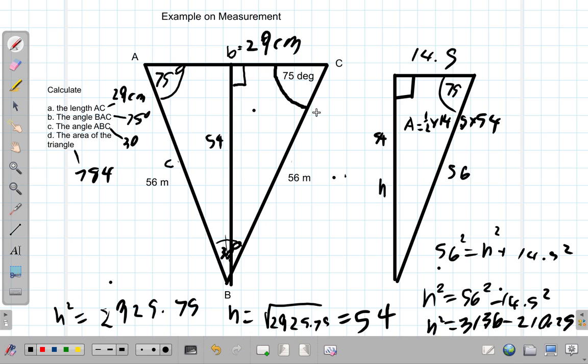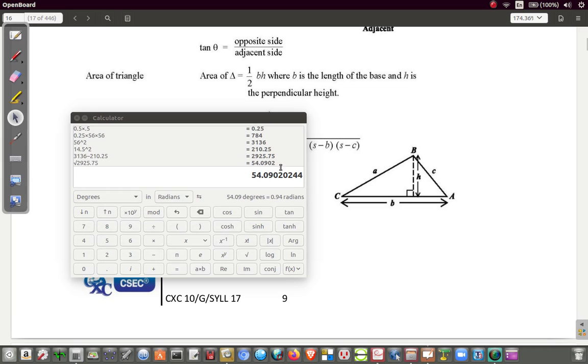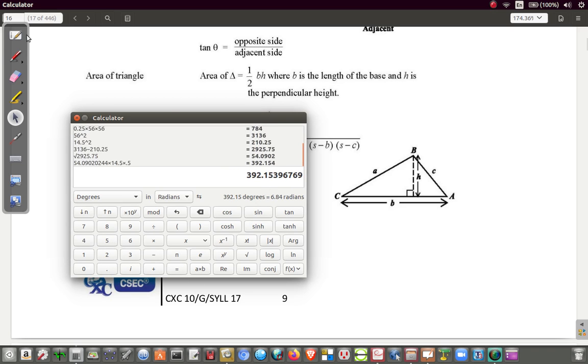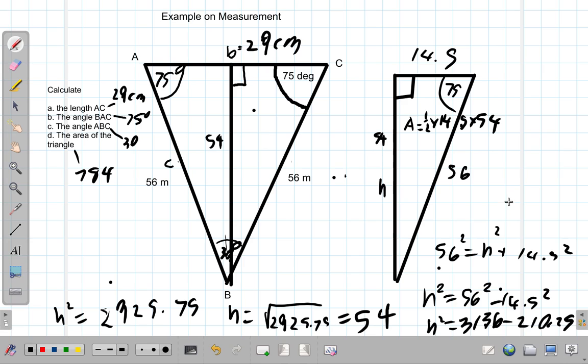So 54 by 14.5 by half. 54 by 14.5 by 0.5 gives us 392.15. So the area of this triangle is 392.15.